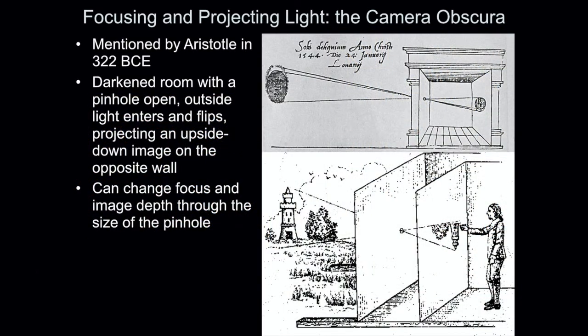The leading theory is that he used a camera obscura, which was first mentioned in ancient Greece by Aristotle. How it works, they have the best guess about how Vermeer did this. First of all, a camera obscura is a darkened room with a pinhole, and light enters through that pinhole and flips the image upside down on the opposite wall. And the size of the pinhole affects the focus of the image.